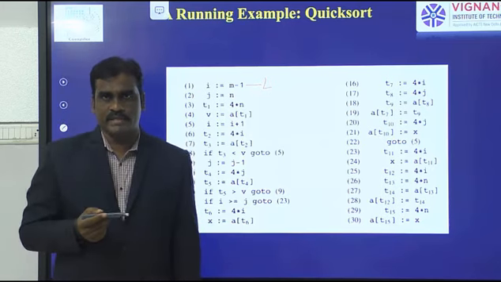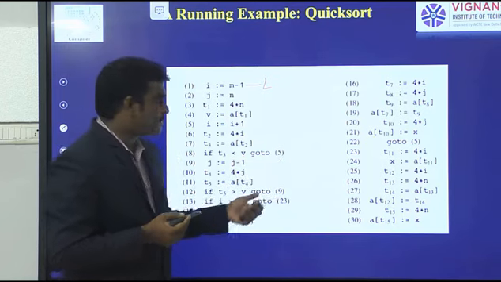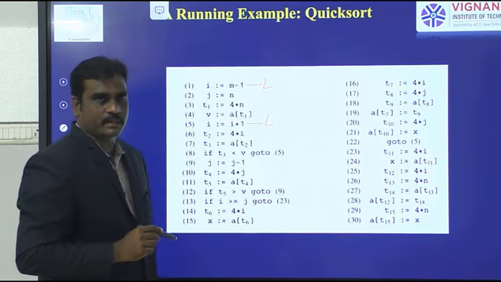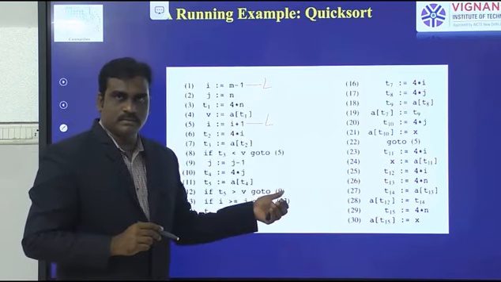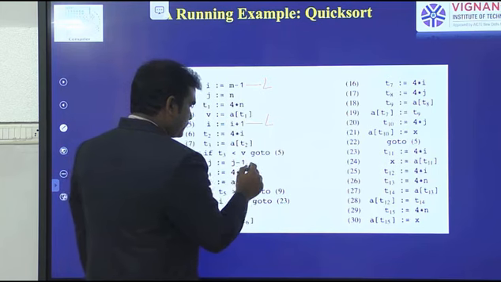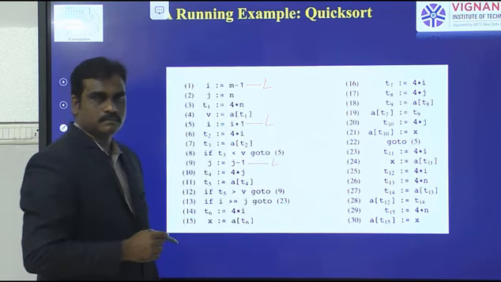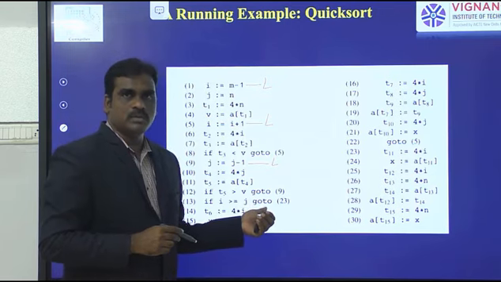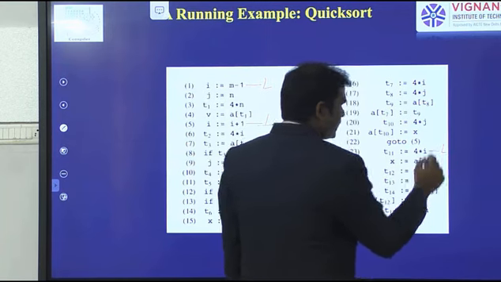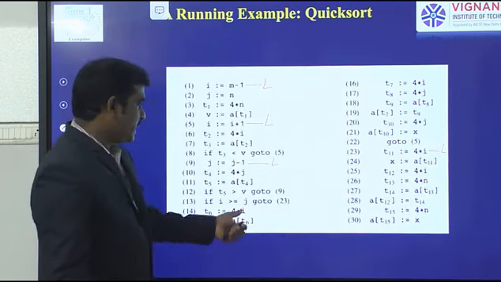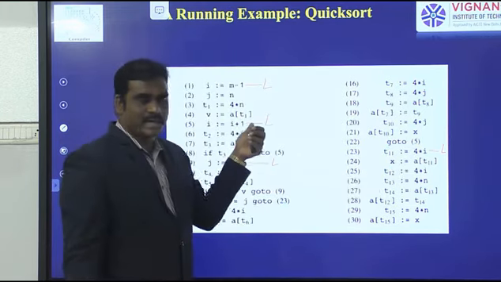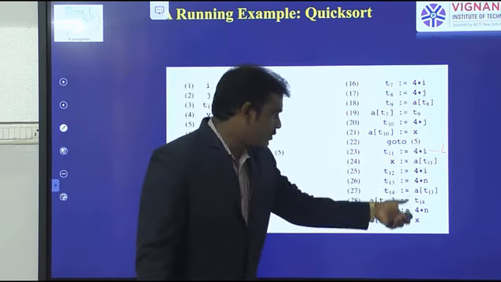The target of a goto is a leader. So goto 5: the fifth statement is a leader. Next, goto 9: apply rule 2, so the ninth statement is a leader. Next, goto 23: the 23rd statement is a leader. Next, goto 5: the fifth is already a leader. Next, no more gotos.